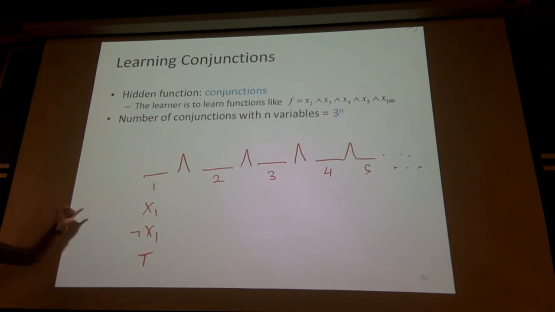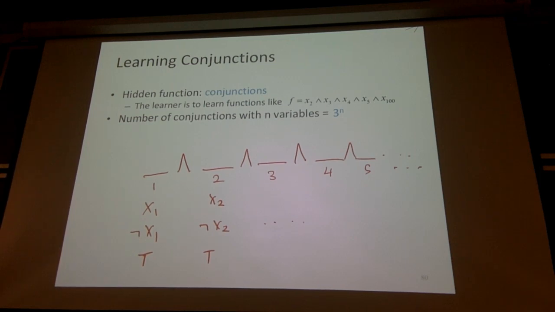Either you can have an x1, or you could have not x1, or x1 is missing from that function. If x1 is missing, these are all the functions that x1 does not have. For the second slot, I can fill it with x2, or not x2, or missing, and so on. The decision that you make for x1 is independent of the decision you make for x2, which is independent of the decision you make for x3.